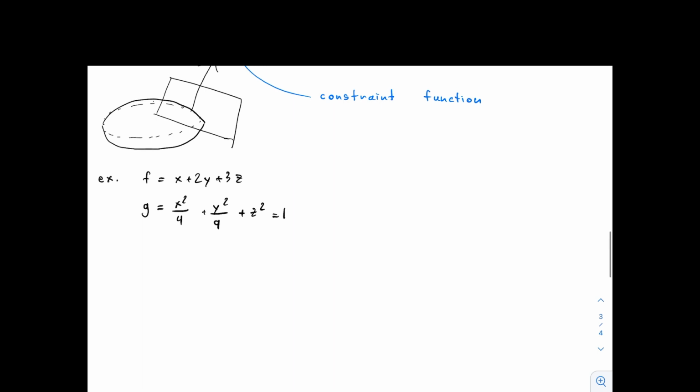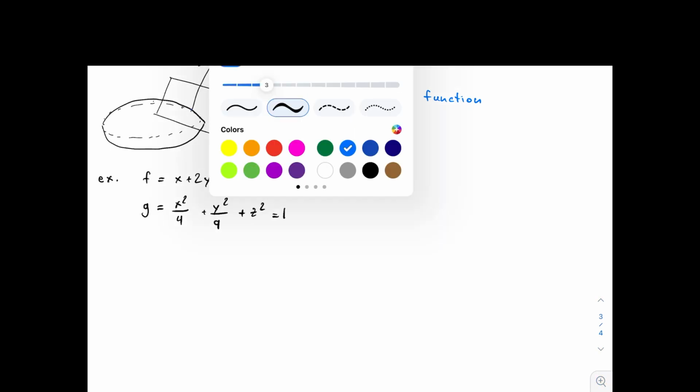And the rough sketch of things is actually right up here, where the shape that looks somewhat like an American football is your ellipsoid. That's your constraint function g. And you end up having the function f as a line going through the shape, which I'm kind of emphasizing with this arrow right here.